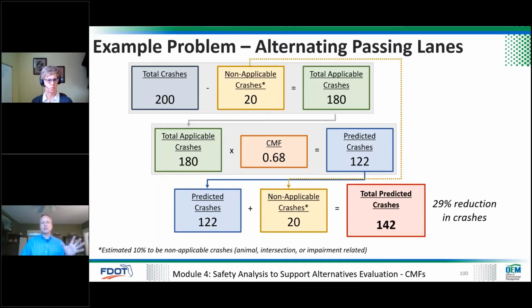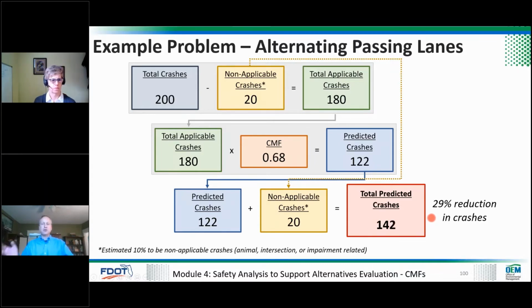Then 180 crashes is your new base. You multiply the 180 times 0.68, and you get 122. Bring that down, add back in your 20 crashes that you couldn't do anything about, and you end up with 142 and a 29% reduction in crashes.